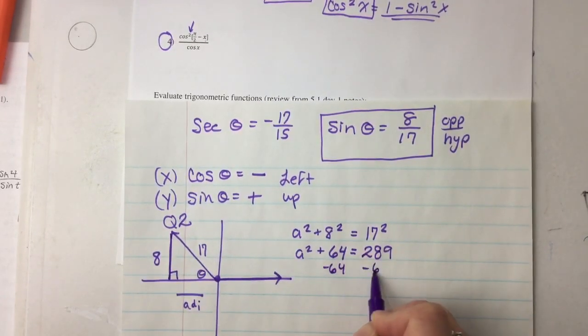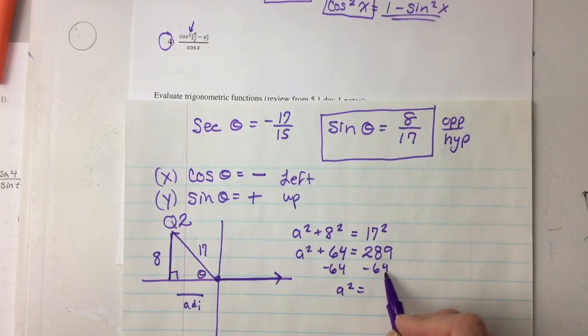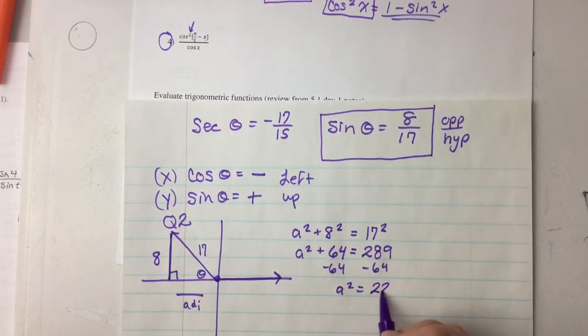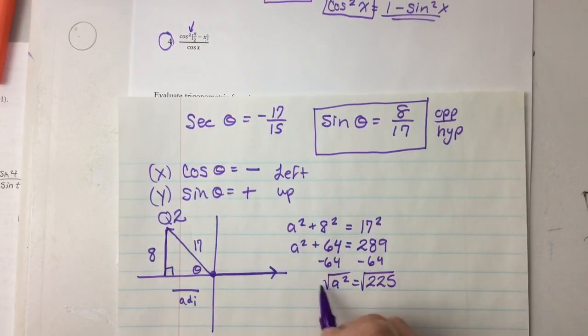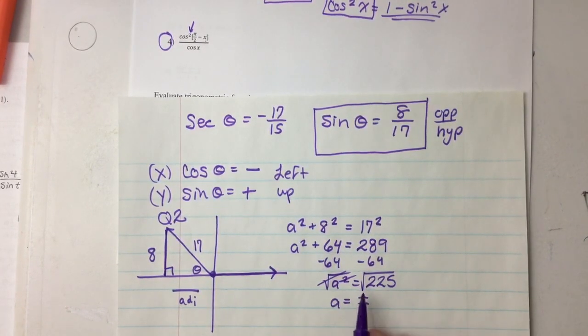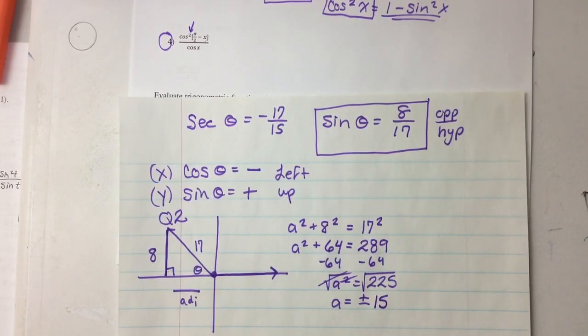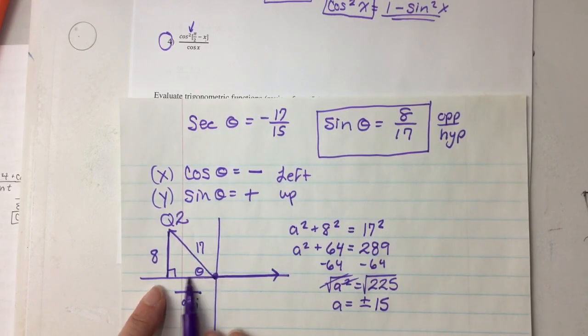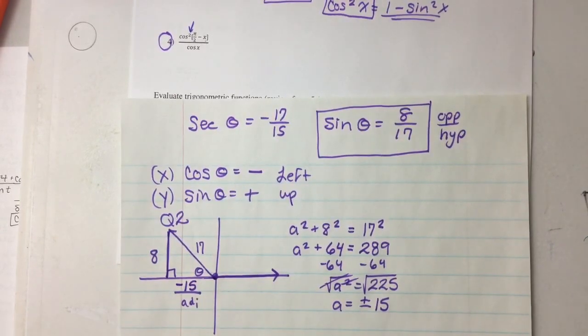If I subtract 64 from each side, 289 minus 64 is 225. If I take the square root of that, the square cancels the square root. It can be positive or negative. The square root of 225 is 15. So now to see if it's positive or negative, you have to look at the location. From the origin, I'm traveling to the left, so this is going to be a negative 15.